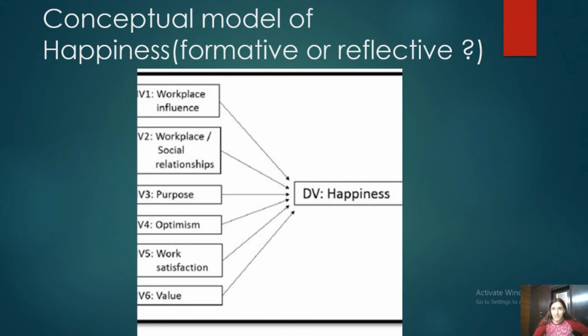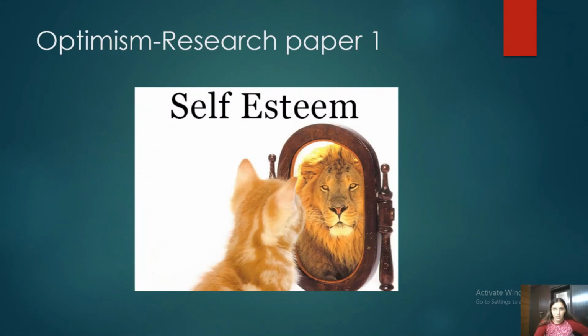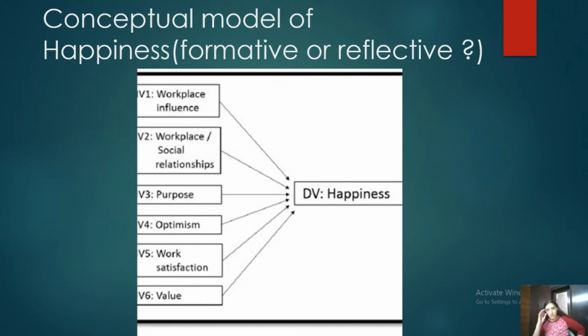Let me go to the next slide. Okay. So this is what I found out. I'm just describing how I made this model. So just neglect the IVs. What is the process of doing this? I typed on Google factors affecting happiness. Okay.